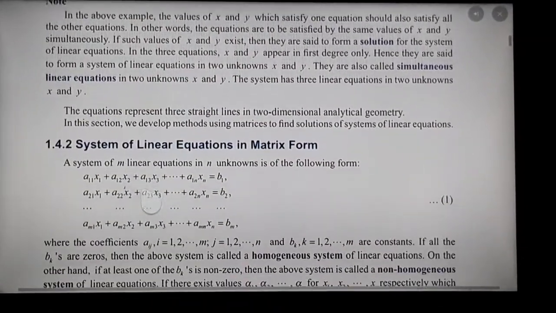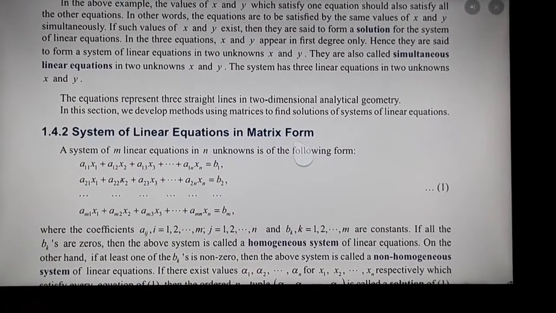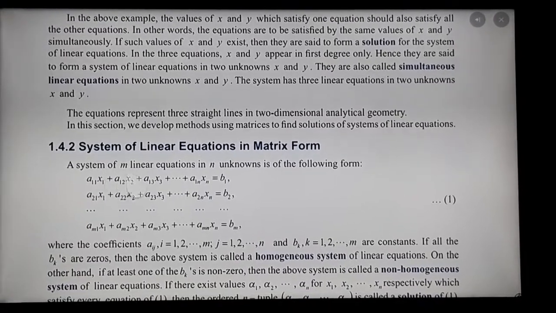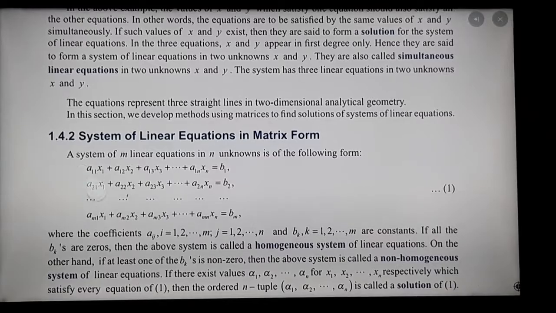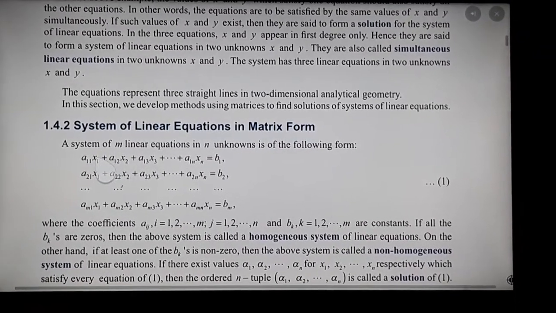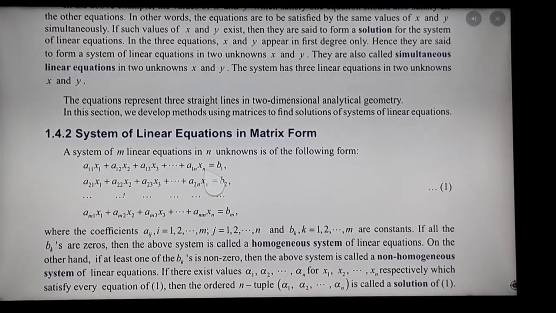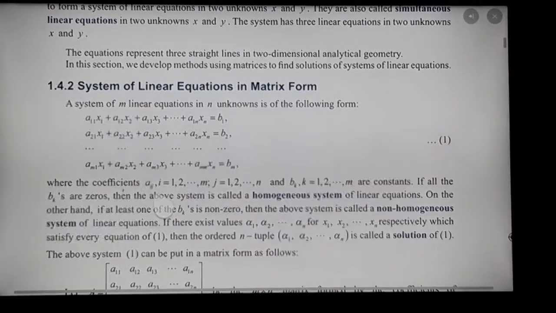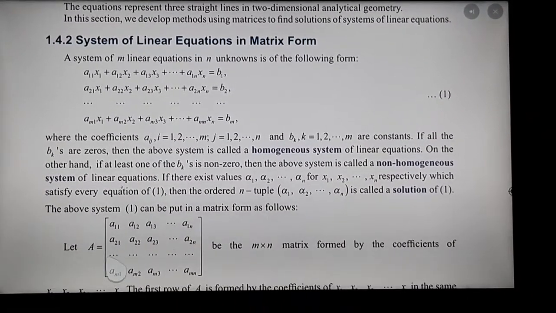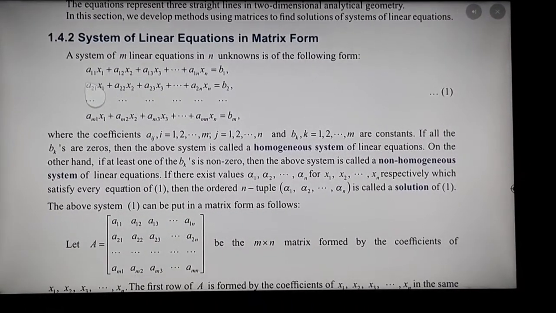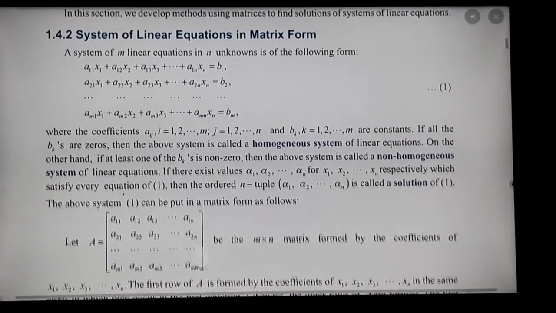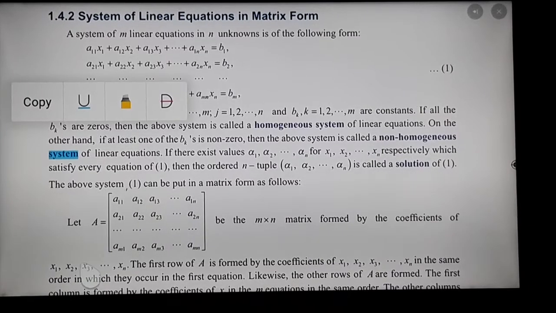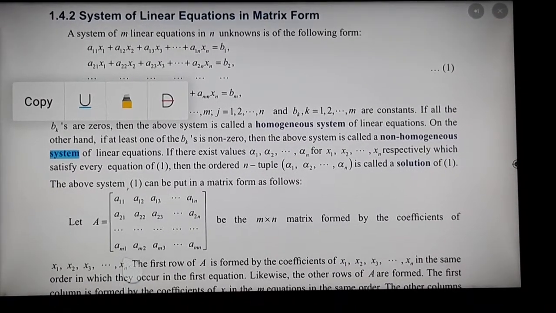Next, system of linear equation in matrix form. This is m linear equations in n unknowns in the following form. That is x1, x2, x3, up to xn are the variables. We find the matrix A with entries a11, a12, a13 and so on, that is a matrix of size m cross n.